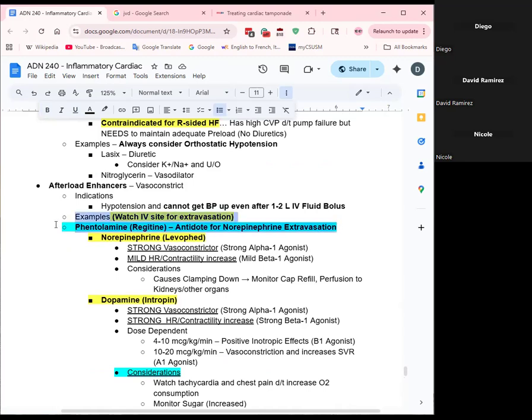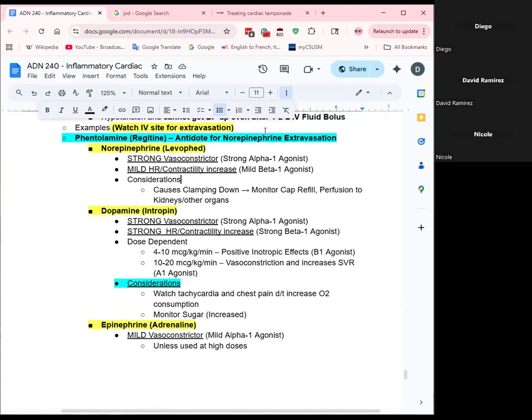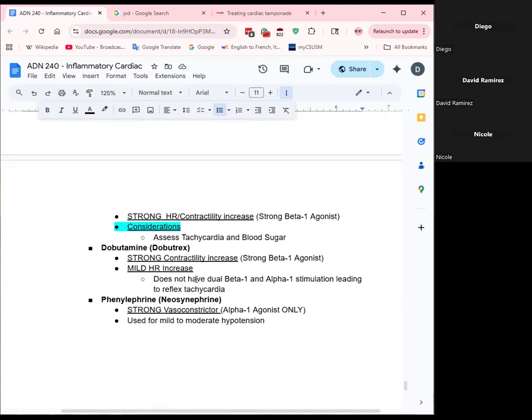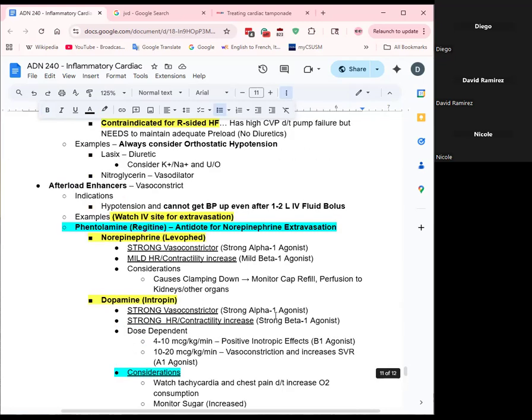I don't think you'll have to know this, but if you do have levophed, your norepinephrine, extravasate, there is a quote unquote antidote for it, which I think is you give multiple small injections in the area where it got extravasated. But this should give you enough context. Don't have to memorize all the super detailed stuff, but a general idea should be good.